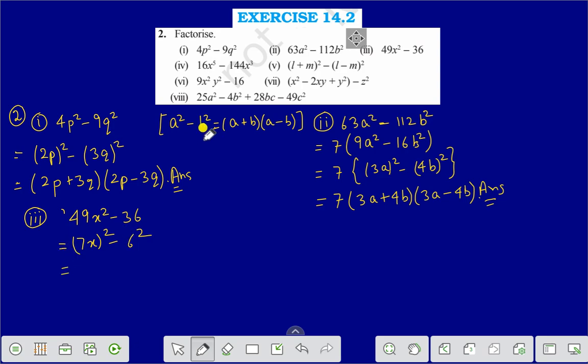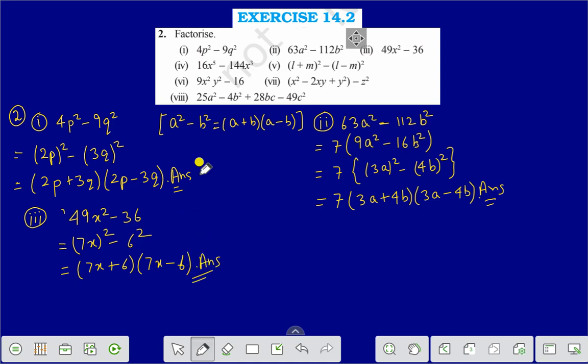Again we will use this identity that a square minus b square equal a plus b into a minus b. That is (7x plus 6) into (7x minus 6), and that is the answer of question number 3.